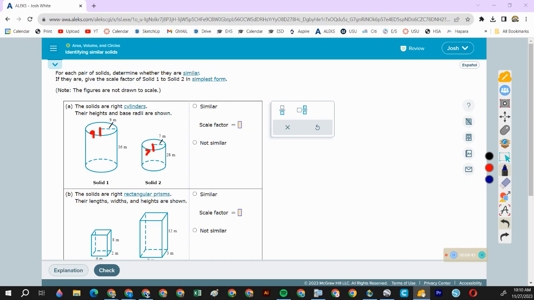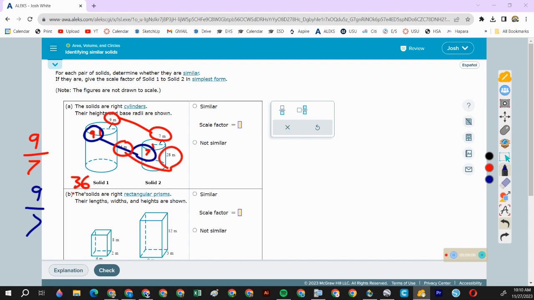So the x direction is 9 over 7, this one divided by this one. The z direction is 9 over 7. And the y direction is 36 over 28. And that simplifies down to 9 over 7.